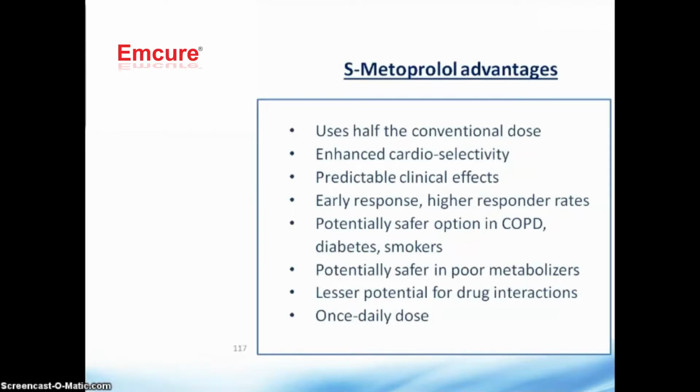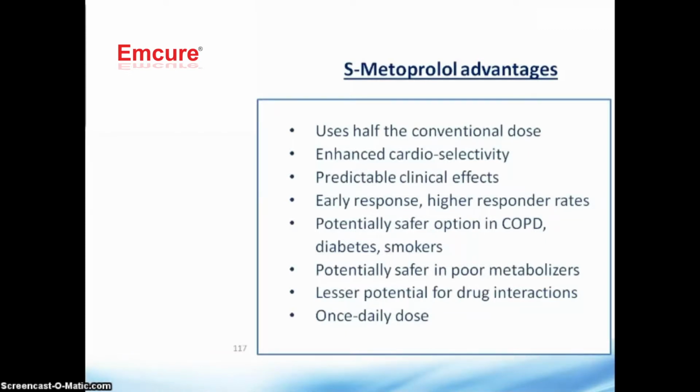We will be highlighting all these effects with the trials and studies which have been conducted. Then it is a potentially safe option in poor metabolizers, has lesser potential for drug-drug interactions, and has the convenience of once daily dosing. So these are the advantages offered by our chirally pure S metoprolol.